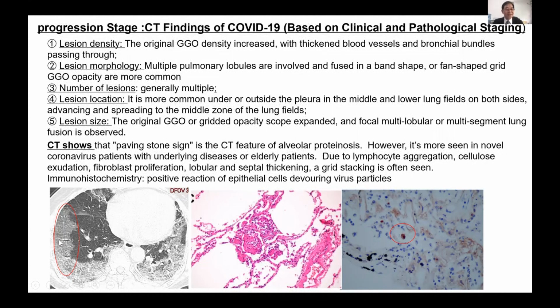CT manifestation shows the crazy-paving sign. Crazy-paving is a CT feature of alveolar proteinosis. However, it is more seen in novel coronavirus patients with underlying disease or elderly patients, due to lymphocyte aggregation, cellulose activation, fibroblast proliferation, lobular and septal thickening, and grid detecting often seen.